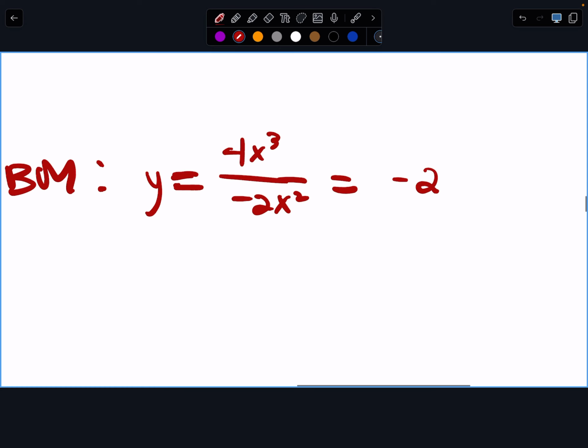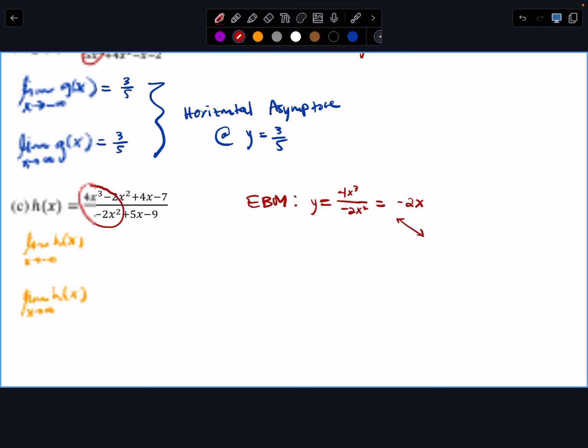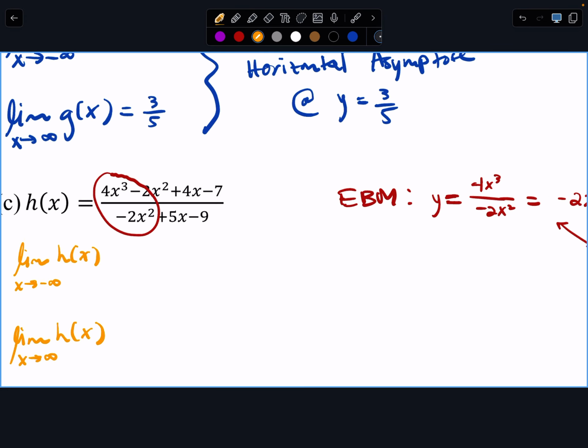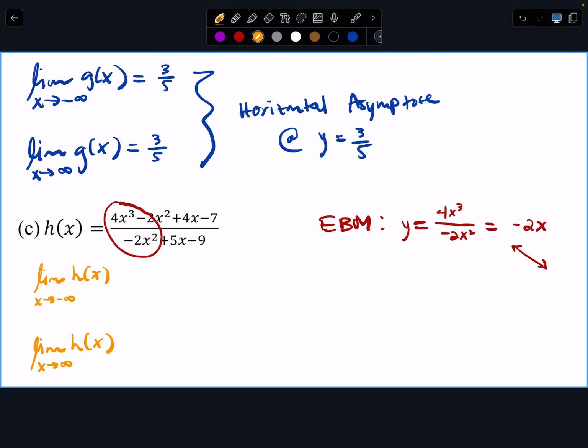Negative 2x, which is a line with a negative slope. So this rational function has similar end behavior to the line y equals negative 2x, a line with a negative slope, meaning as x approaches negative infinity, h of x would approach infinity, and as x approaches infinity, h of x would approach negative infinity.